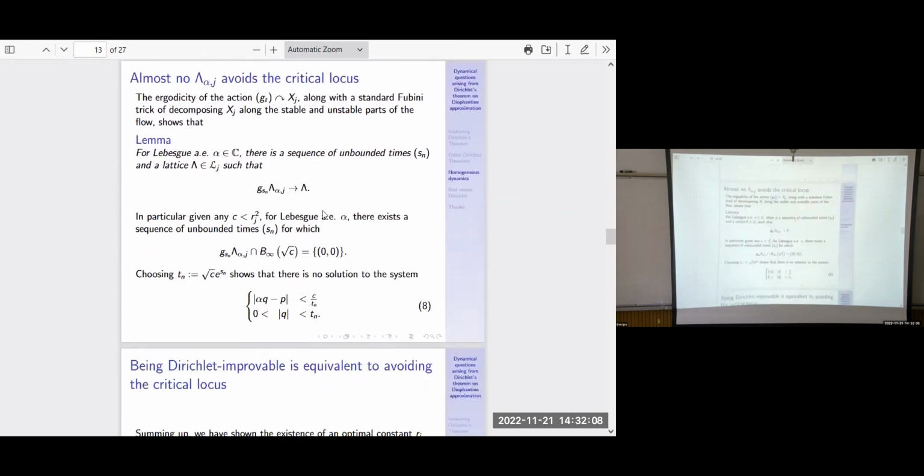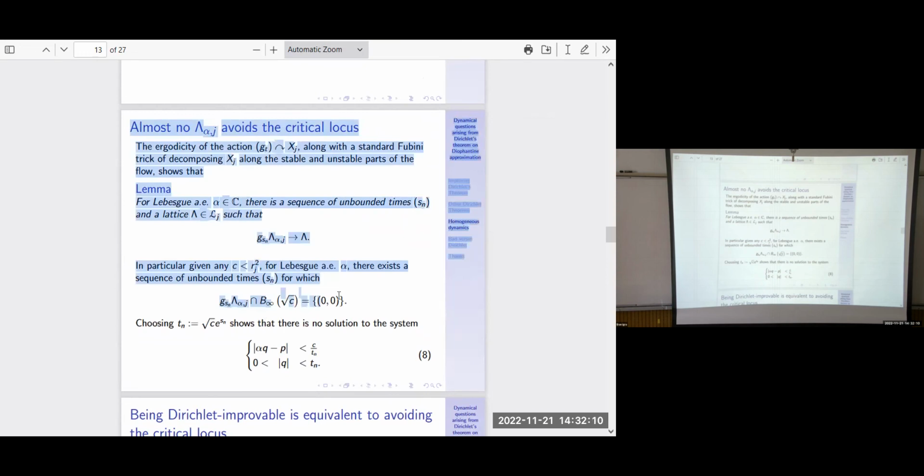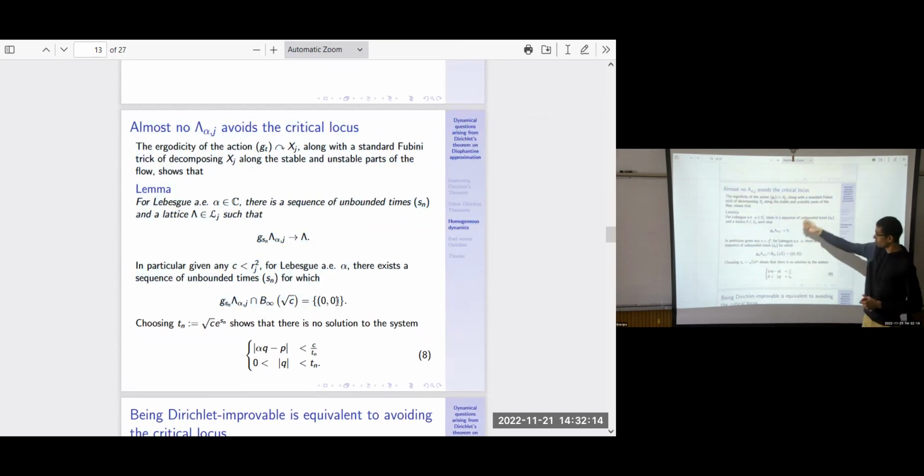That's where ergodicity is coming from. So that means you have zero intersection with this form. Again, unwinding and making this change of variables shows that this has no solution for all those times. It's a very standard argument if you think about it. Are there any questions? Okay.